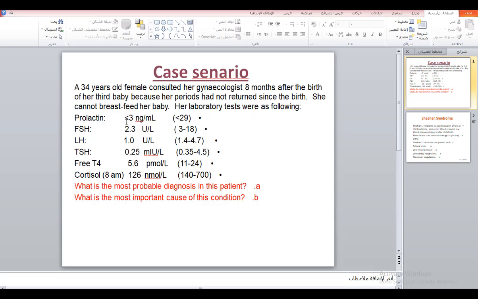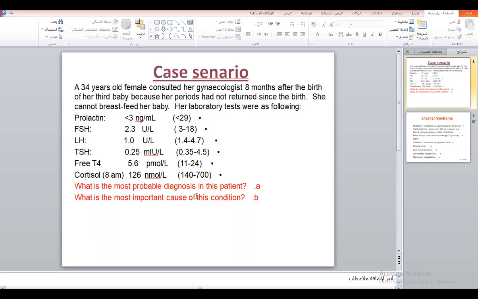Prolactin level is less than 3 nanogram per ml, FSH level 2.3 units per liter, LH level 1 unit per liter, TSH level 0.25 milli international units per liter, free T4 about 5.6 picomole per liter, cortisol level at 8 a.m. 126 nanomole per liter. All of these hormones are less than normal, as you can see.